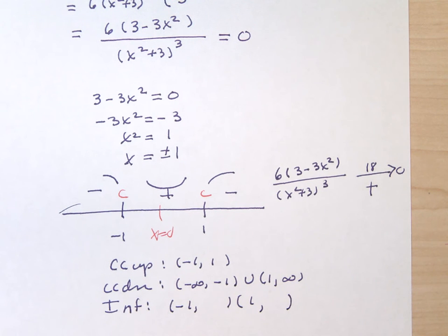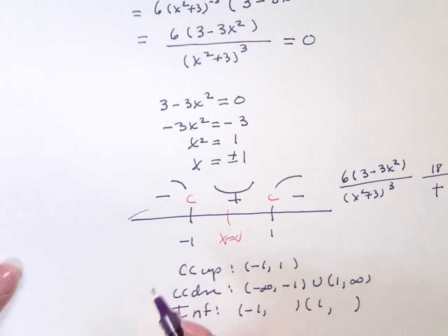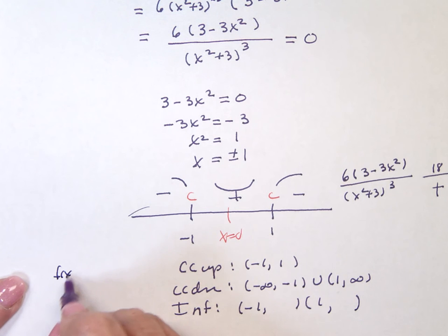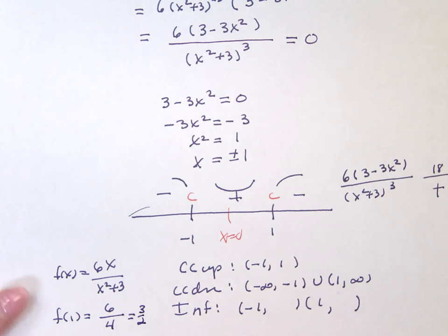And now I even forget what the original problem is. So let's take a look at what f of x is. f of x was equal to 6x over x squared plus 3. So f of 1 was 6 over 4, which is 3/2.